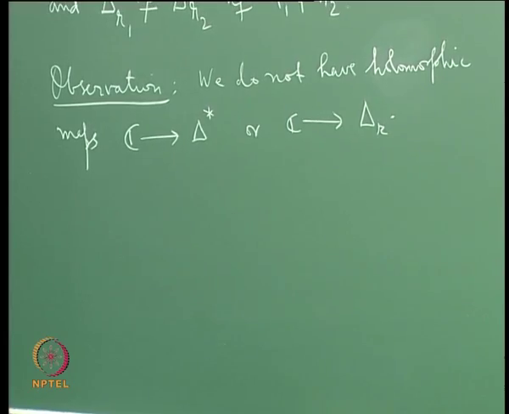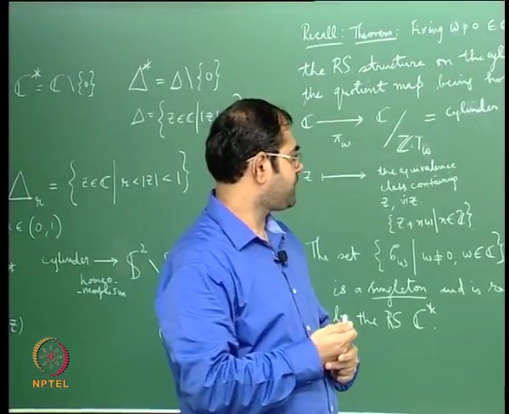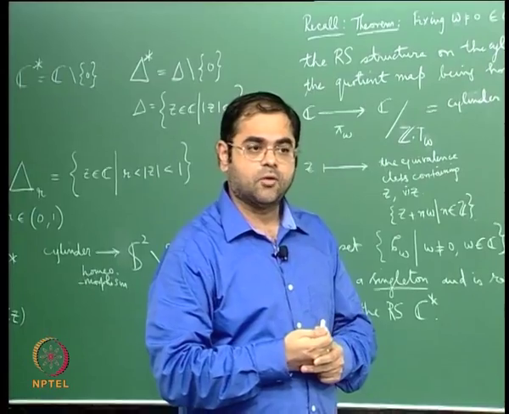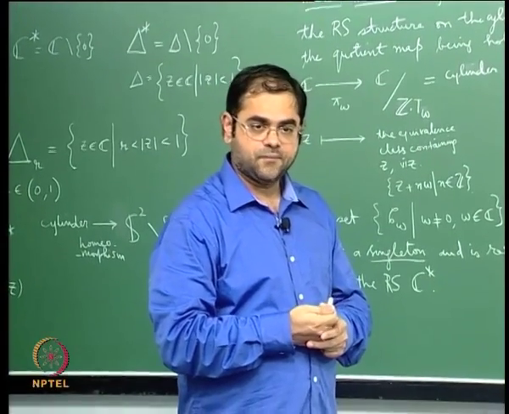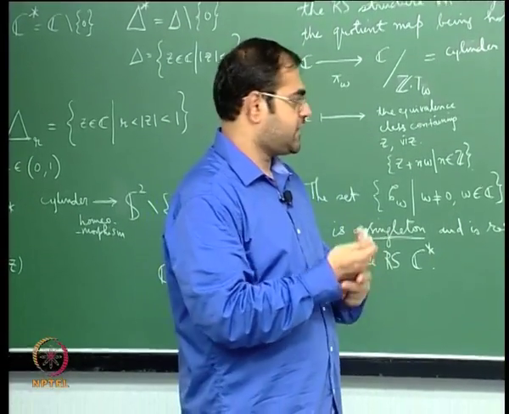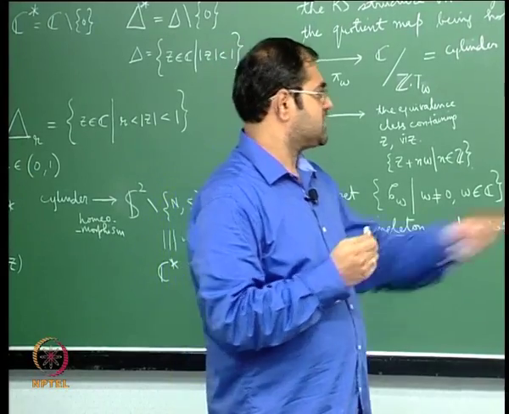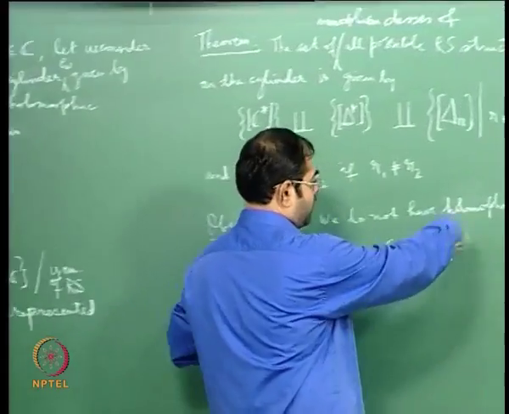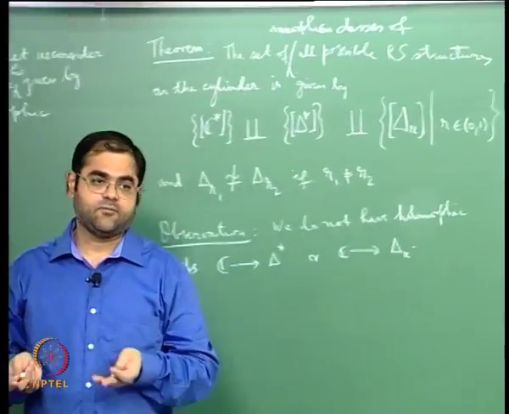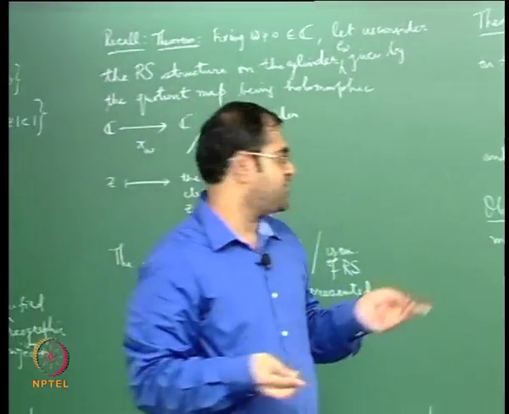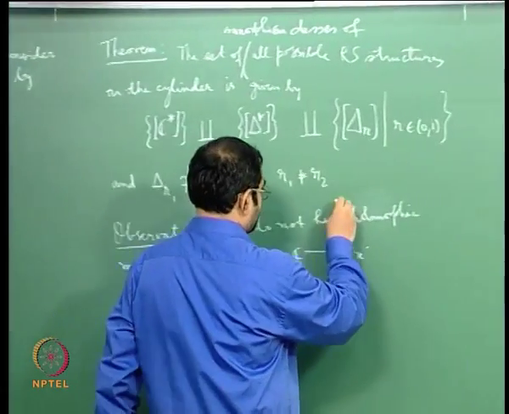You cannot have a holomorphic map from C to delta star, you cannot have a holomorphic map from C to any delta R, because if you did, you would get a bounded entire function. And of course when I say holomorphic maps I mean non-trivial maps. I am not worried about the constant maps, so I should say non-constant.